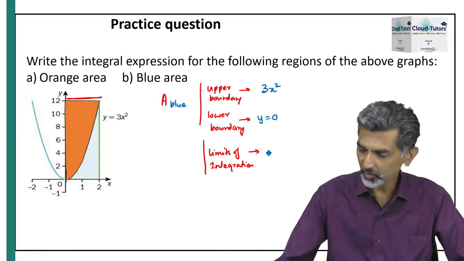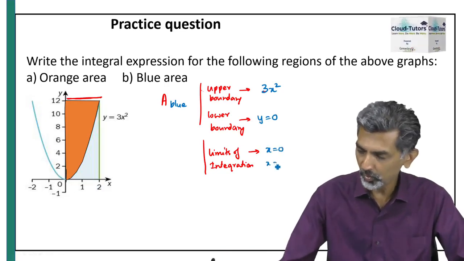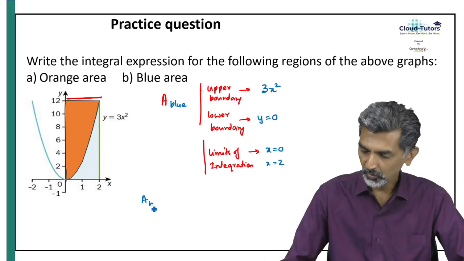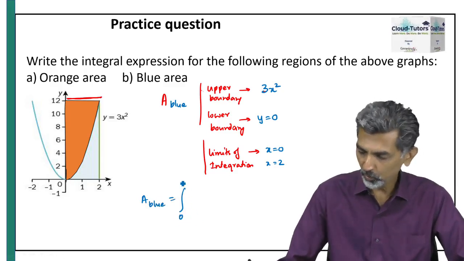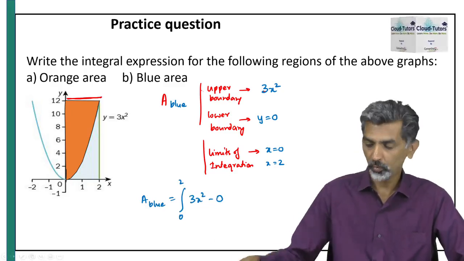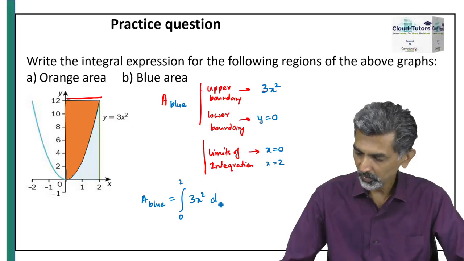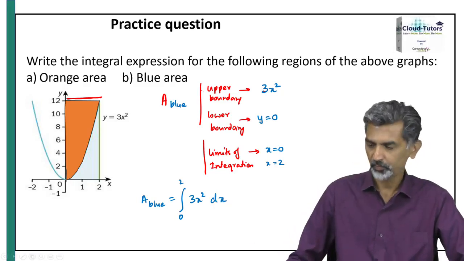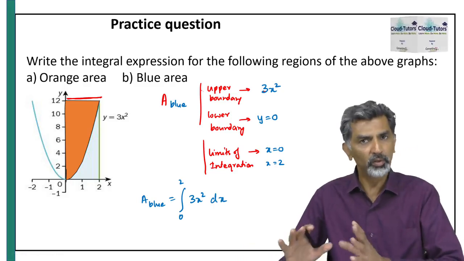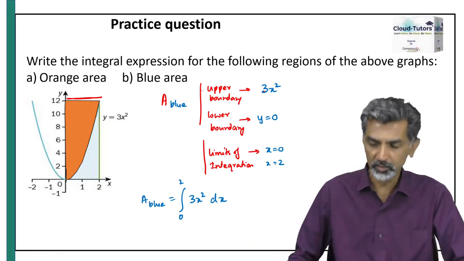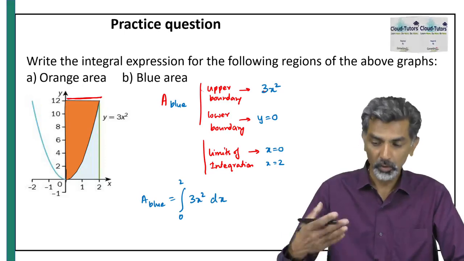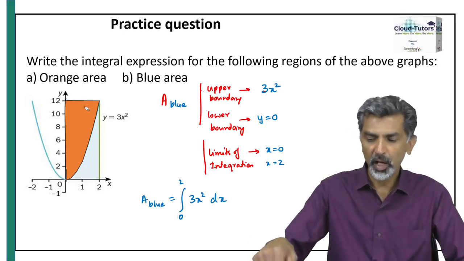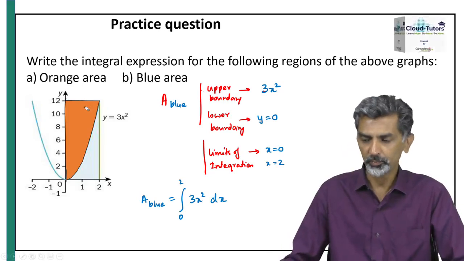And the limits of integration are the same as before, x is equal to 0 to x is equal to 2. So the expression for the blue region would be the integral from 0 to 2 of 3x square minus 0, so you can leave that out, dx. And you get different answers. I'm not completing the actual process of integration, but I'm setting up the expression so that you know exactly how to look at a region and determine how the area can be computed.